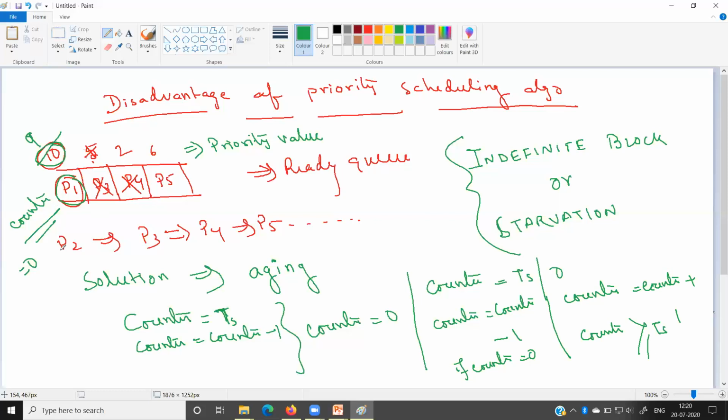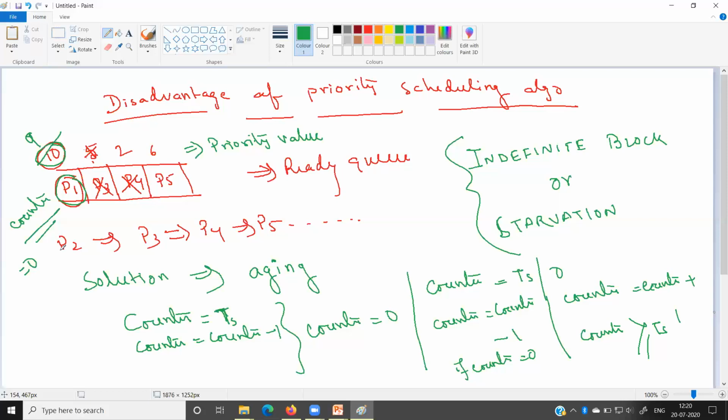So in this way, the priority value will be decreased after a certain time interval, after a certain timestamp. After passing each timestamp, the priority value will be decreased by 1, which means the priority of the process will increase.